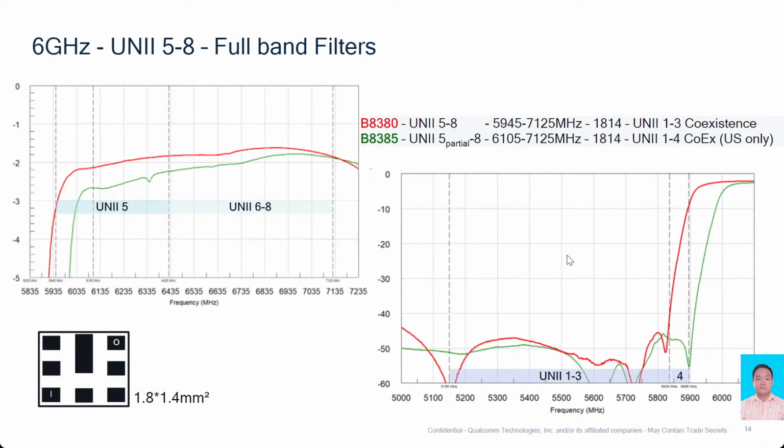And this is our 6 gigahertz filters, or Uni 5 to Uni 8. And the key there, of course, is a very sharp curve on the left side, very sharp slope on the left side, needing to reject the Uni 1 to Uni 3 with, let's say, up to 50 dB of coexistence or rejection of the Uni 3 band.